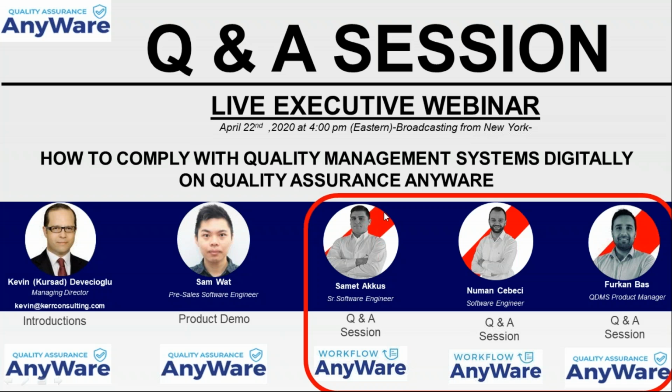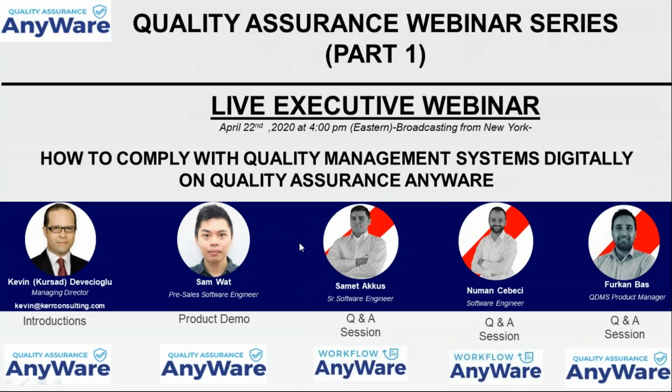We also have ready-made reports for audits that you may have from ISO. That's a perfect setup for companies like yours. Energy management, which is one of our favorites, is about conserving energy and, ideally, using sustainable, alternative energy. It's a great thing. We applaud that, and with Quality Assurance Anywhere you can definitely comply in a digital environment.